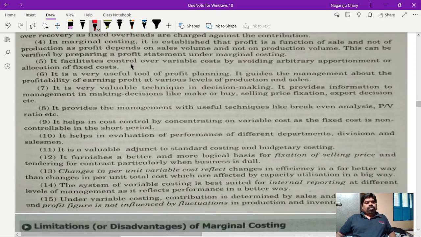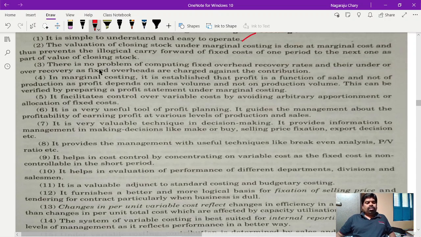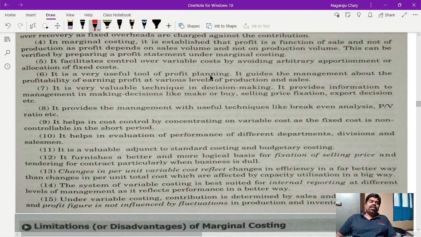Next, there is no problem of computing fixed overhead recovery rates and their under or over recovery, as fixed overheads are charged against the contribution. So while computing fixed overhead recovery rates and expenses, it can be easily charged and calculated.